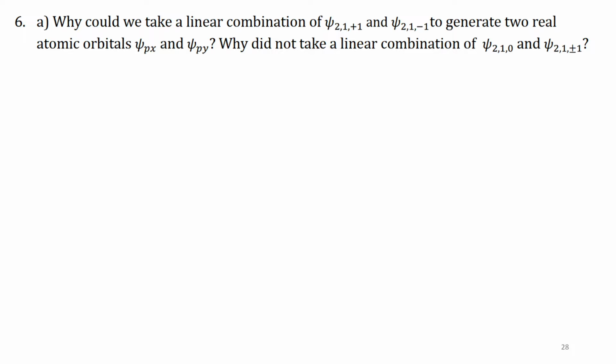right? And some more questions like why could we take a linear combination of psi 2 1 plus 1 and psi 2 1 minus 1 to generate real atomic orbitals px, py? Why not the linear combination of 2 1 0 and 2 1 plus minus 1? What is the physical meaning behind that?